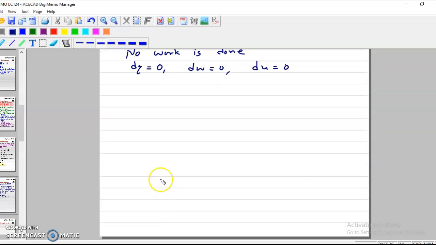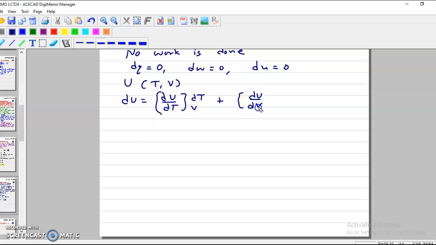Now we will see internal energy U. It is a function of temperature and volume, and for that we write dU is equal to dU upon dT at constant volume into dT, plus dU upon dV at constant temperature into dV.